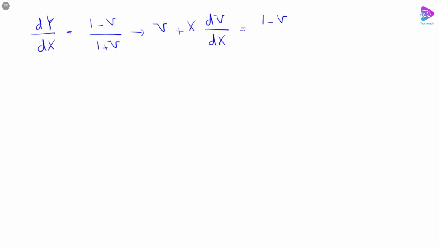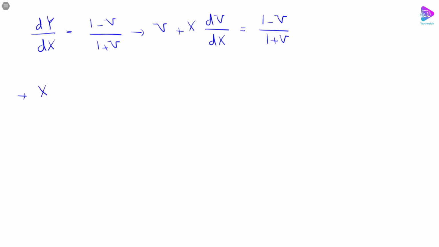So now dy over dx would be (1 minus v) over (1 plus v), and therefore v plus x dv over dx is equal to (1 minus v) over (1 plus v).